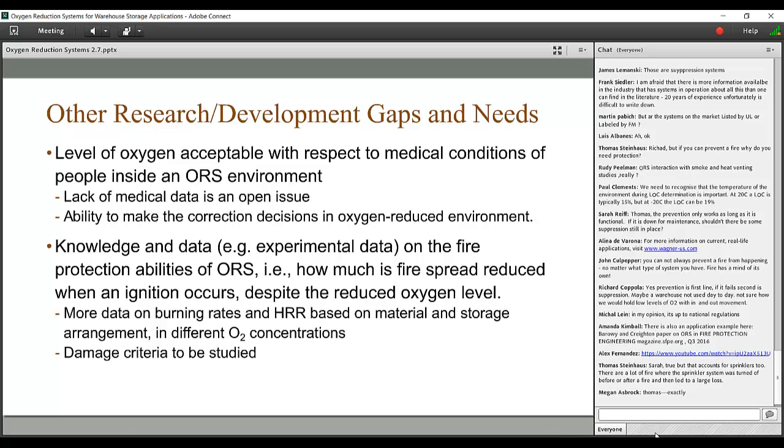This is very critical if you choose a level of oxygen which is too close to the borderline, when the ignition source is somehow stronger, or you always have a certain uncertainty in your test results. What will happen then? And we also have to see what the damage criteria to be studied are in that case.